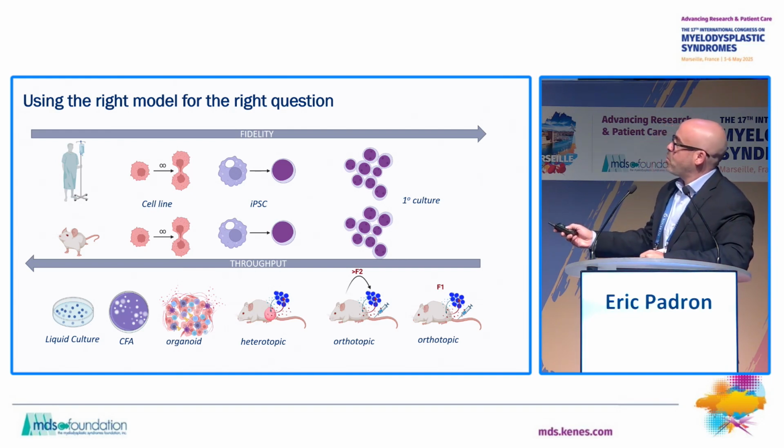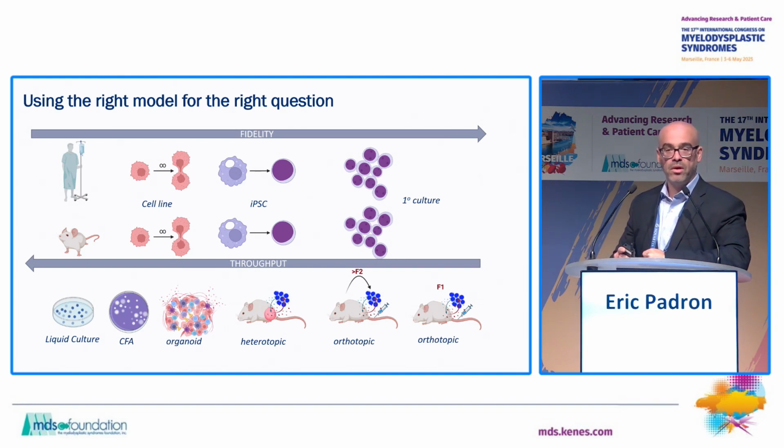So if the question is important to have high fidelity, then this side is probably the model to choose. And if throughput is what you're interested in, then perhaps this side is what you want to choose. So all of these are potentially useful in the context of the right questions.